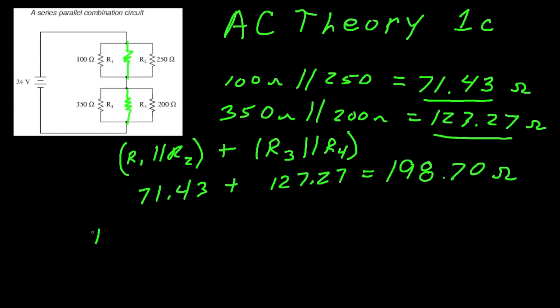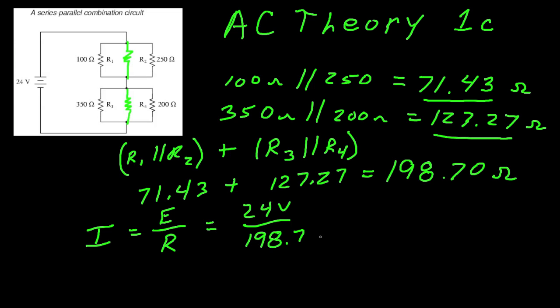Now, one more time, we've got voltage and we've got resistance, and we need to calculate current. So we've got I equals E over R. We're going to replace the E with the 24 volts and divide that by 198.7.